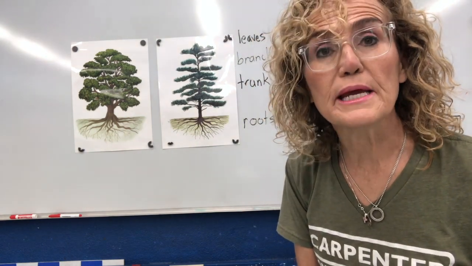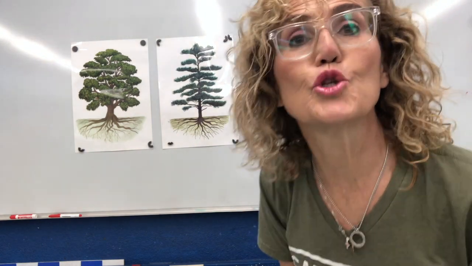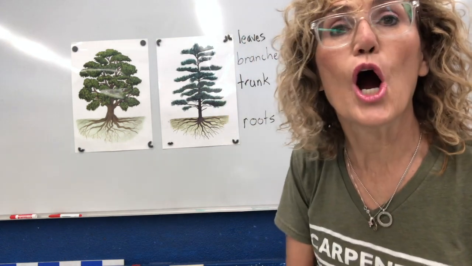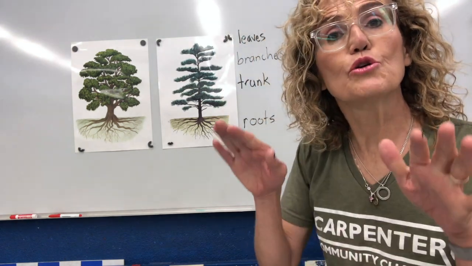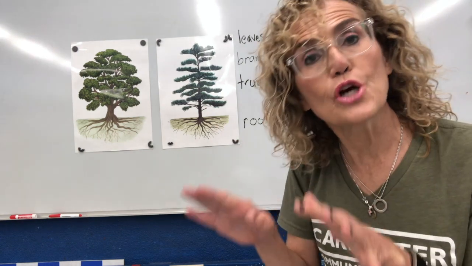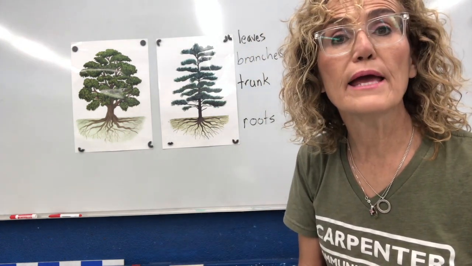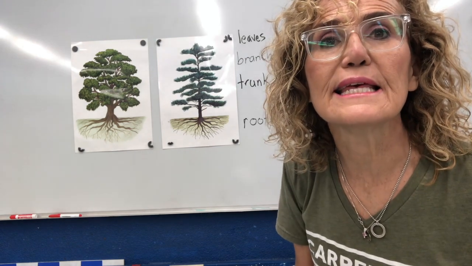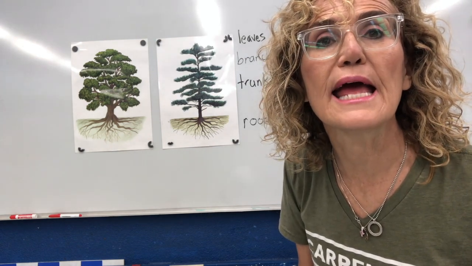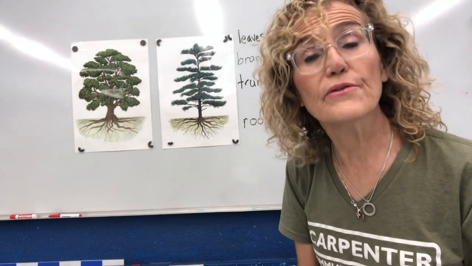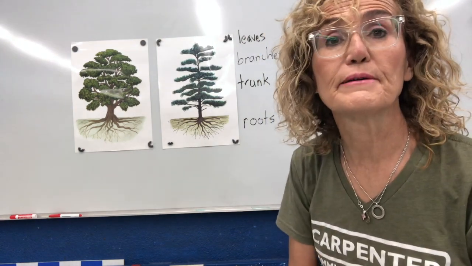Only when the tree starts to take a snooze for the winter, tries to hibernate, does the green color start to go away. And when the green color in the leaves goes away, we get to see the yellow and the red and the brown and the other colors that have always been there.